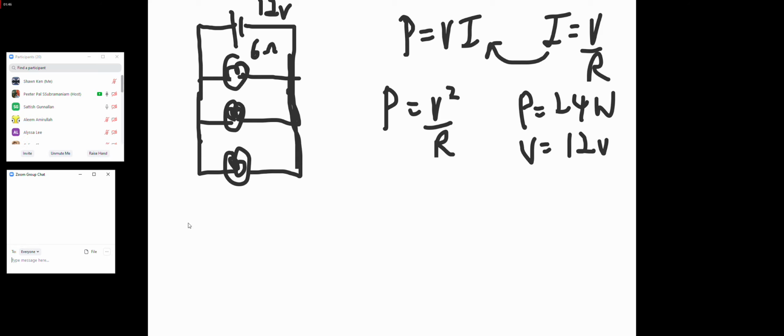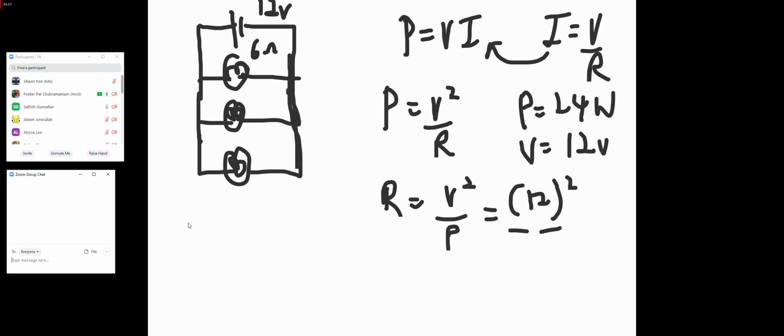So use the formula: resistance equals V square over P. V was 12 power 2 over P, which is 24. So we get 6 ohms. Each bulb is only 6 ohms. Got it?